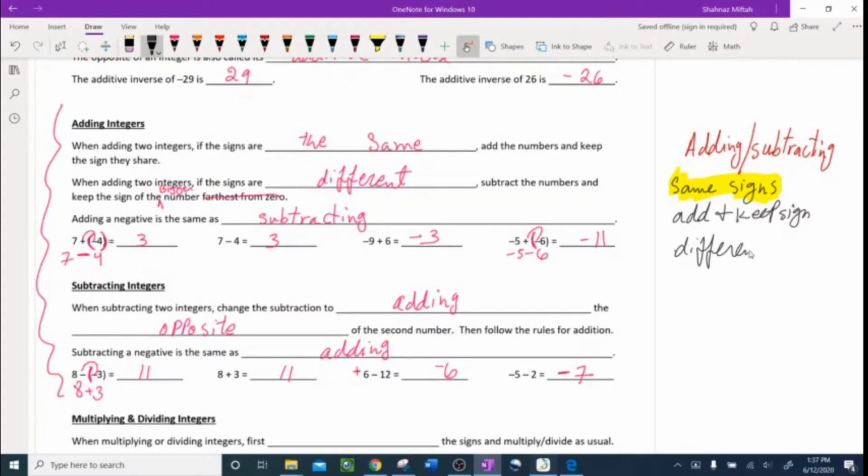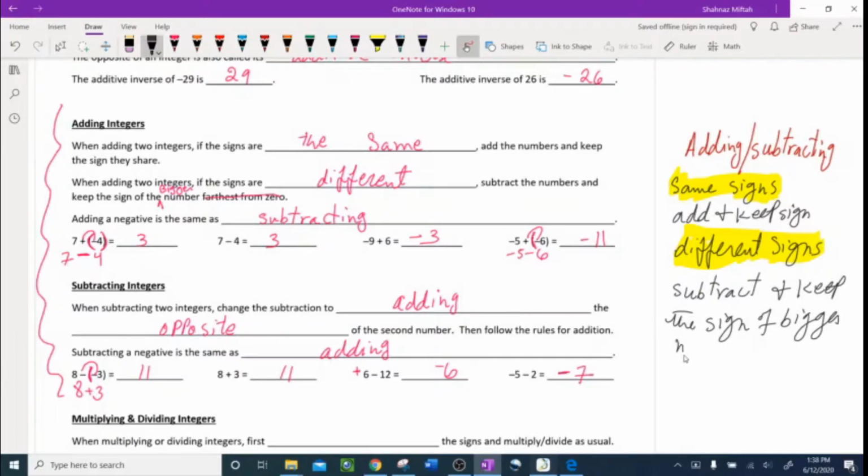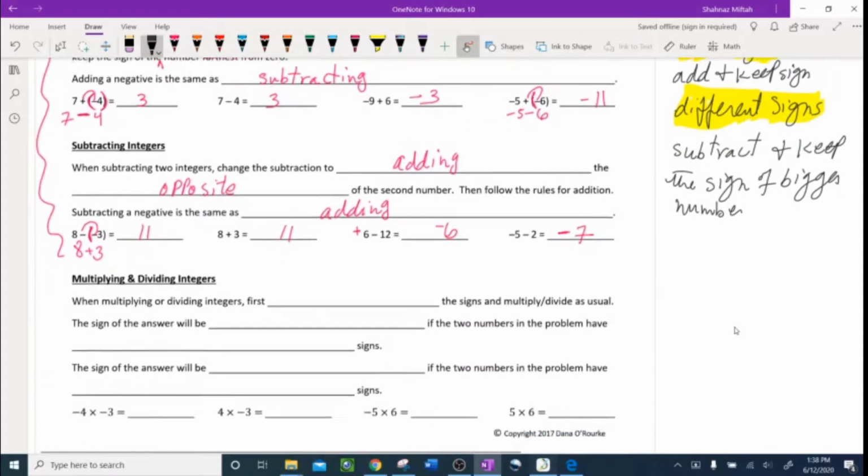If we have different signs, then we subtract and keep the sign of the bigger number. When I solve more example problems, I'm going to use these words, so it will make more sense.